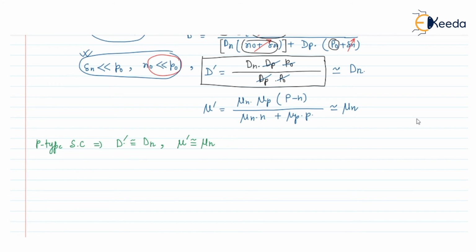And dn and mu n are constant, so we can say D dash and mu dash are also constant. This is the conclusion that we can draw for the p-type semiconductor ambipolar transport.